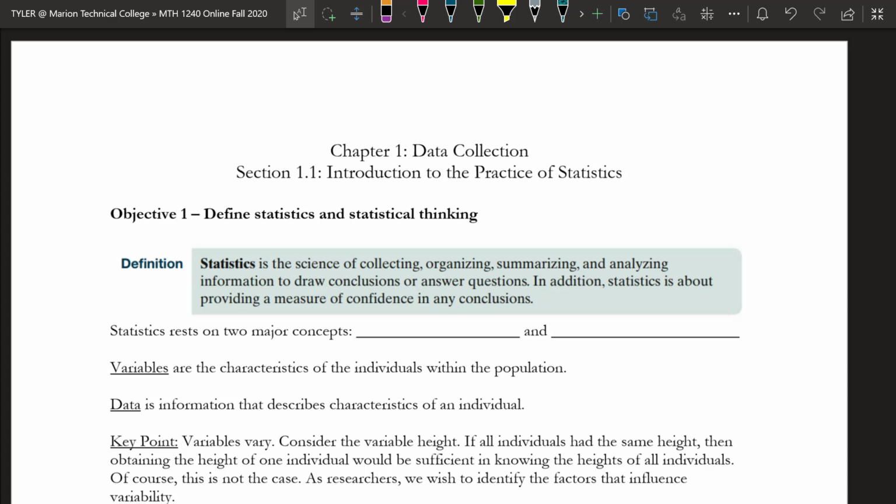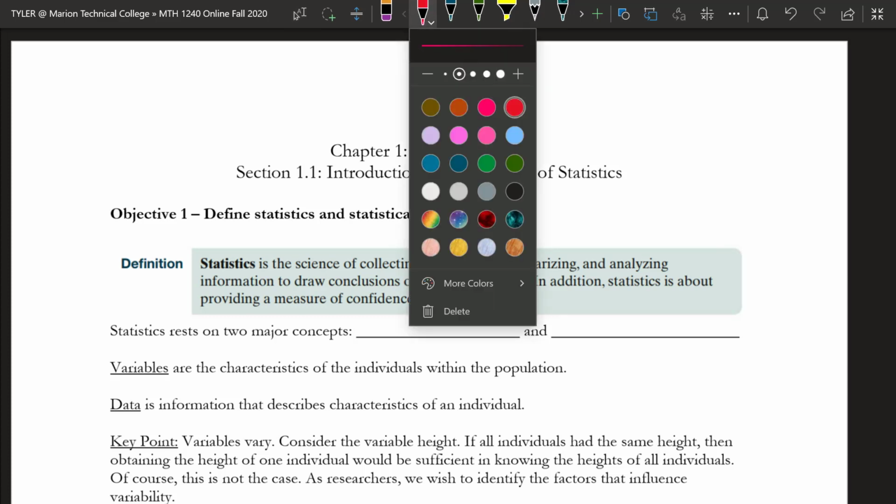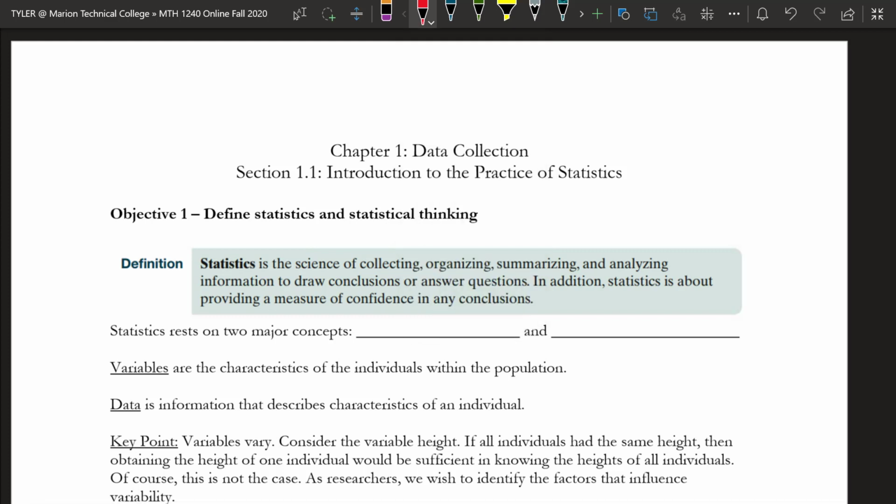In addition, statistics is about providing a measure of confidence in any conclusions. Statistics rests on two major concepts. One of them is data, and the other is variation.